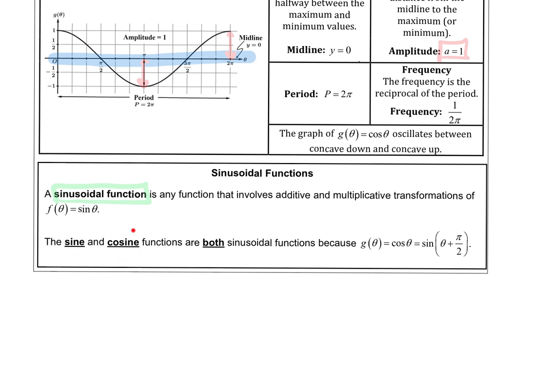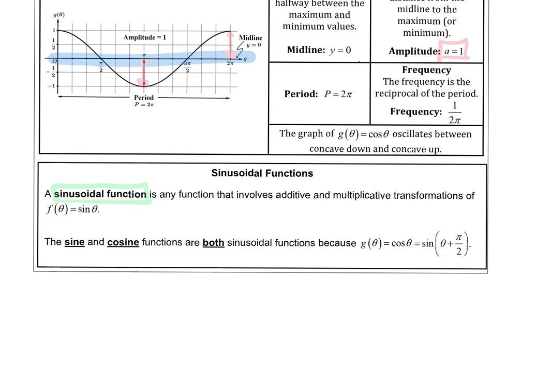The sine and the cosine functions are both sinusoidal because, in order to get the cosine function, I can just take a sine function and perform a horizontal shift left of pi over 2, or 90 degrees, and that will become the cosine function. So with a little shifting, that sine function would lap directly over this cosine function right here.